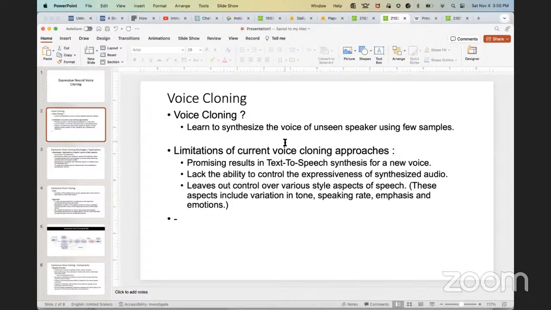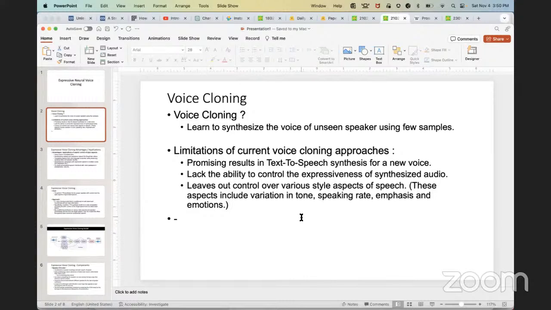So while it talks about just the voice cloning, it also highlights the limitations of the current voice cloning approaches in text-to-speech. It highlights basically the lack of ability to control the expressiveness. So that's the key aspect that this specific paper focuses on.